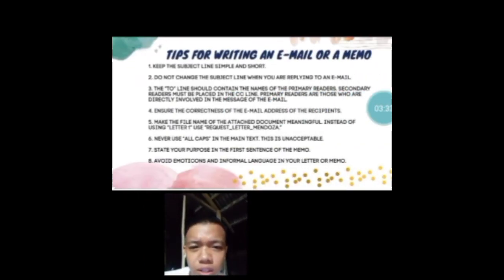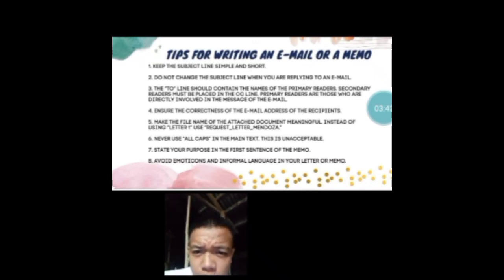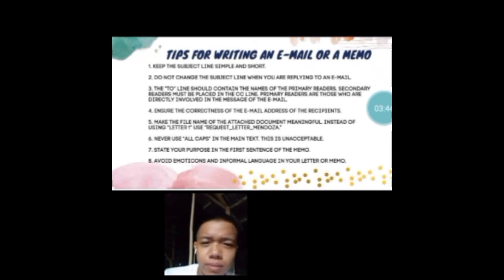And the next is tips for writing an email or a memo. Through this app, number 1 is keep the subject line simple and short. Alright, guys. Number 2, do not change the subject line when you are replying to an email.